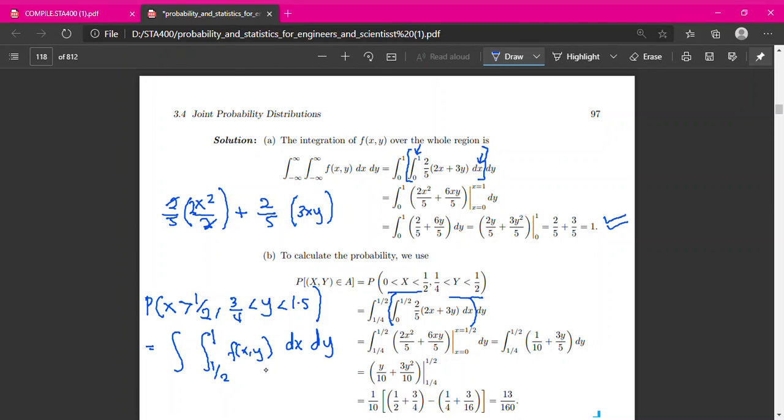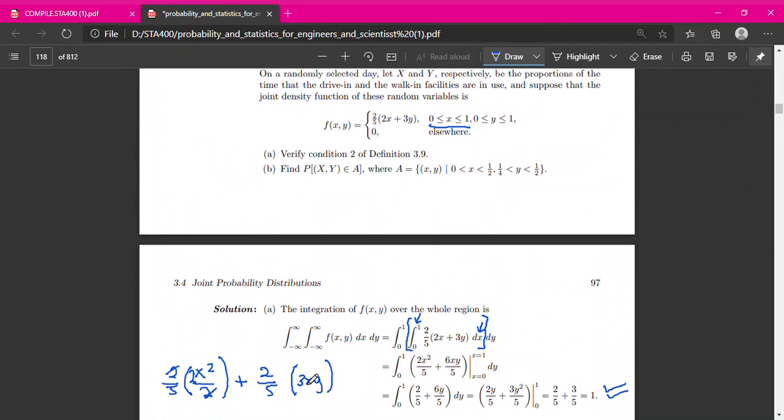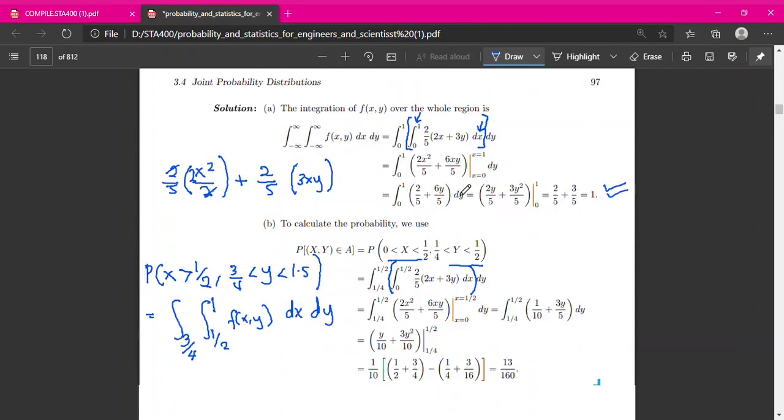Okay, untuk dy pula, limit here will be from 3 over 4 until 1.5. So that's kat sini 3 over 4 ada dalam limit. So boleh letak 3 over 4 until 1.5. Okay, so boleh tak letak 1.5 kat situ? Check balik your interval here, interval for y. Limitnya sehingga 1 sahaja.